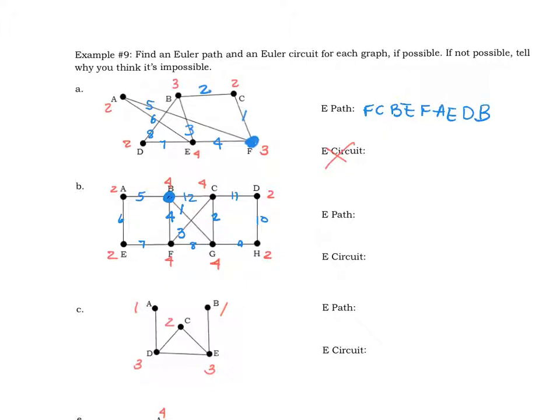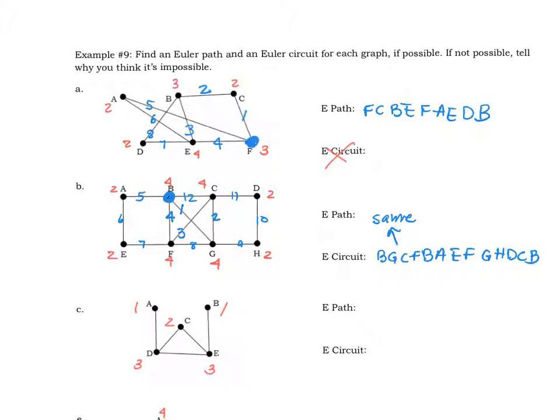Okay, so let me go ahead and write down that circuit. So again, remember, if it has an Euler circuit, it is also an Euler path. So I'll put same for the Euler path.